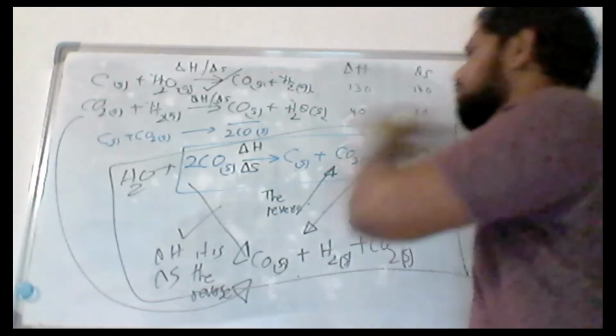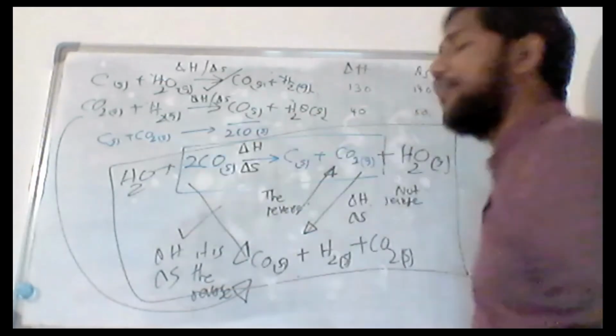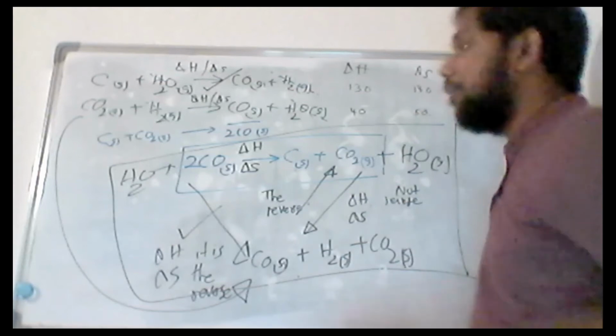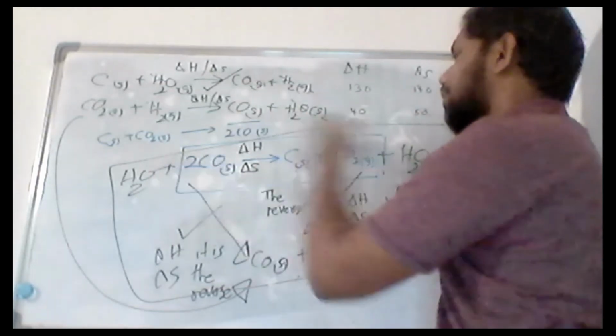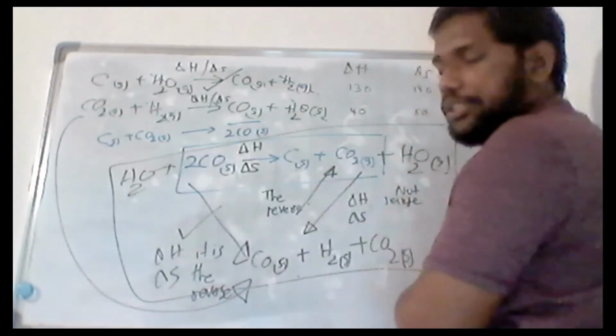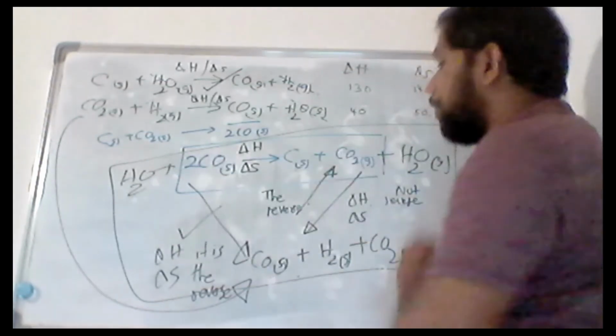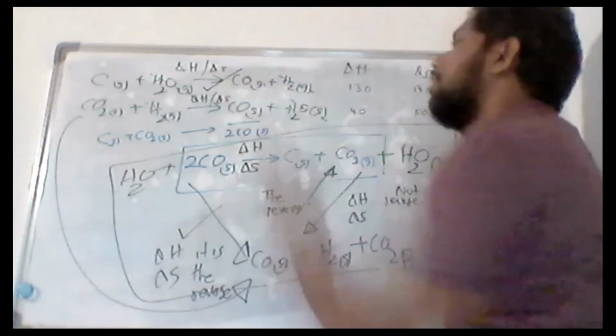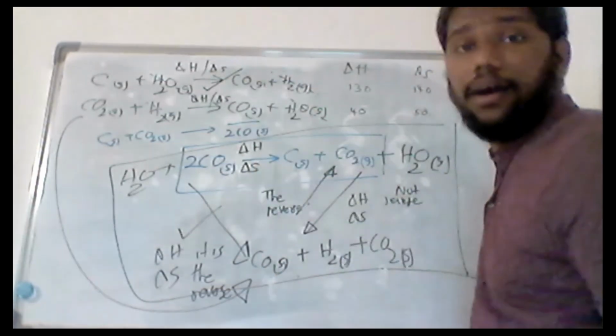Okay, so this is the equation that they have given you. But what I have tried here is trying to manipulate this equation by adding water to both sides, so that I am going to end up with the reaction that is given here in my data.